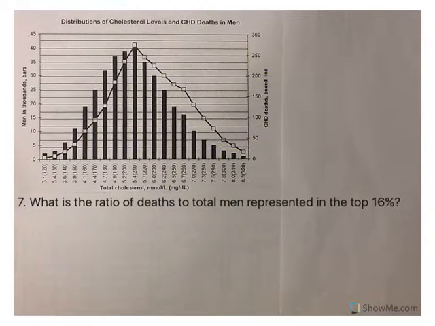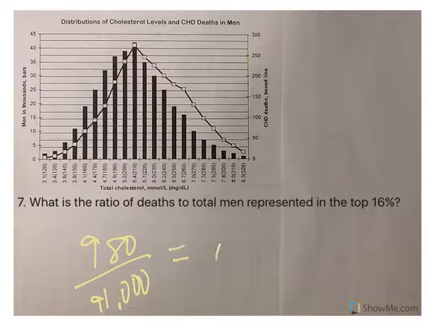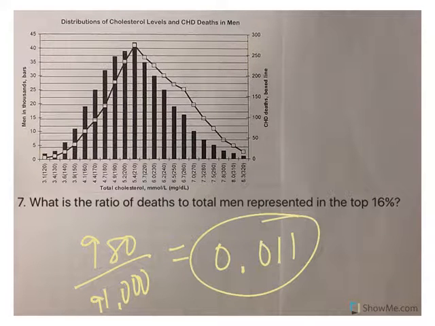And I'm sure you're guessing, oh look, it's a ratio of deaths, 980, to the total, 91,000. If I simplify that, I get 0.011. So if you have 1,000 people, 11 of them are going to die of high cholesterol, compared to the 6 that we had in the middle 68.